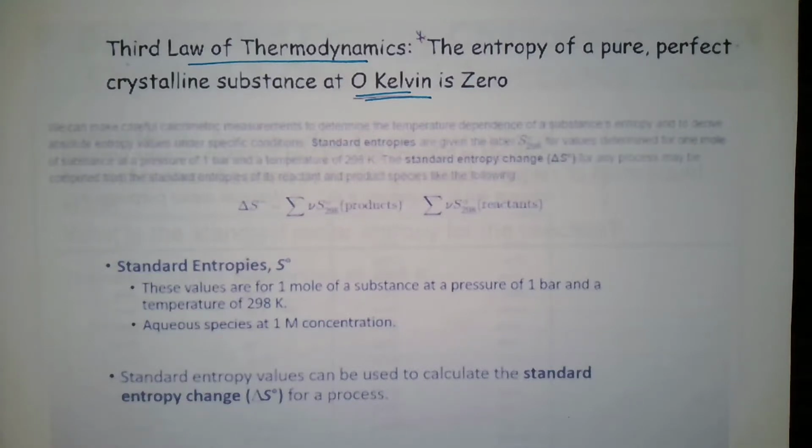What we do is we make careful measurements to determine the temperature dependence of a substance's entropy, and then simply derive these values under specific conditions. Standard entropies are given the symbol S with the sub-naught superscript, and we measure those at 298 Kelvin, which we know is standard temperature, 25 degrees Celsius, and at 1 atmosphere of pressure.